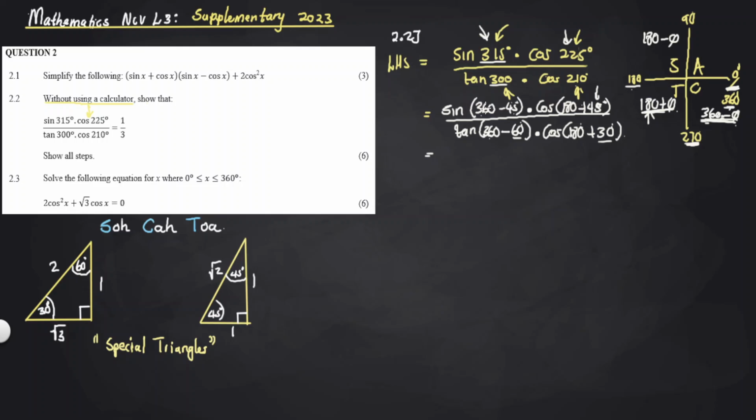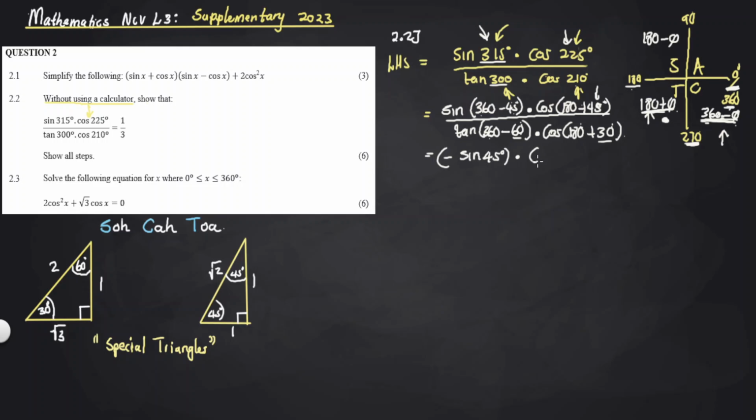Sine of 360 minus 45 degrees is in the fourth quadrant, and in the fourth quadrant sine is negative, so it's going to be negative sine 45 degrees, multiplied by cos of 180 plus 45, which is in the third quadrant.